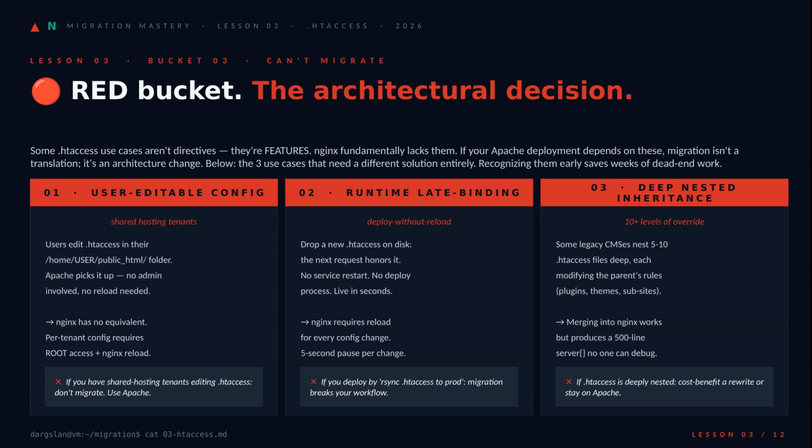Deploy without reload, where dropping a file on disk goes live instantly. Nginx needs a reload every time. And 3. Deeply nested inheritance, 5 to 10 levels deep, common in legacy CMSs. You can flatten it, but you'll end up with a 500-line server block nobody can debug. Spot these early, and you save yourself weeks of dead-end work.